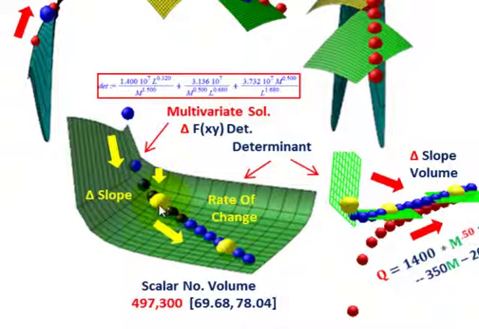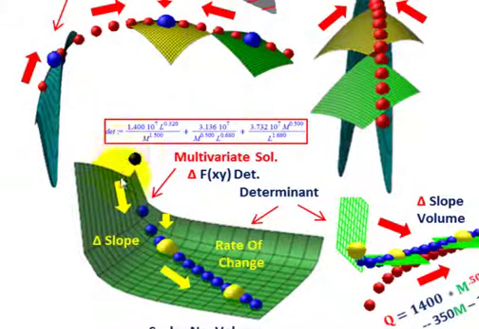So this determinant has a volume, and really we're looking at the change in volume. So we would have a real high volume up here where we start out with that steep descent. In this case, looking up over here, we had that steep ascent. Here you've got a steep descent.